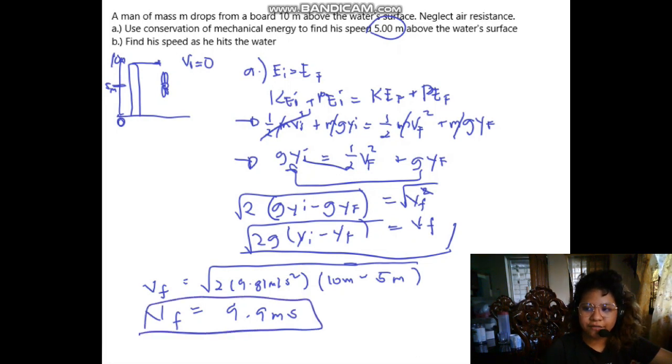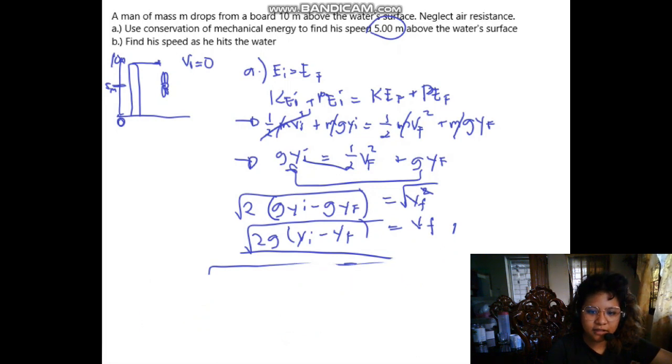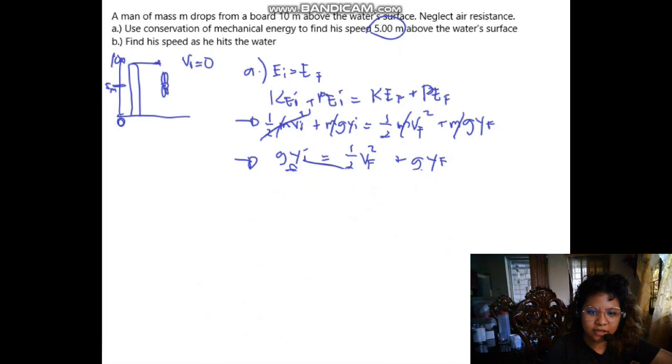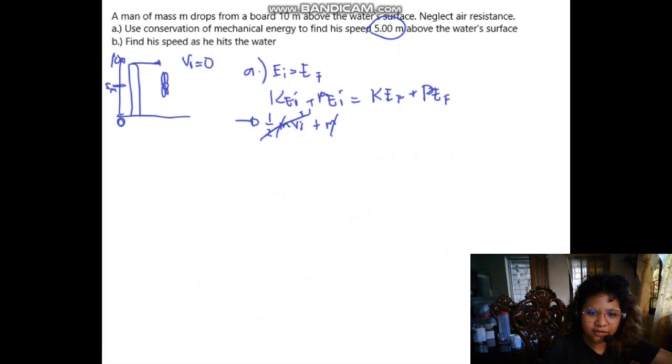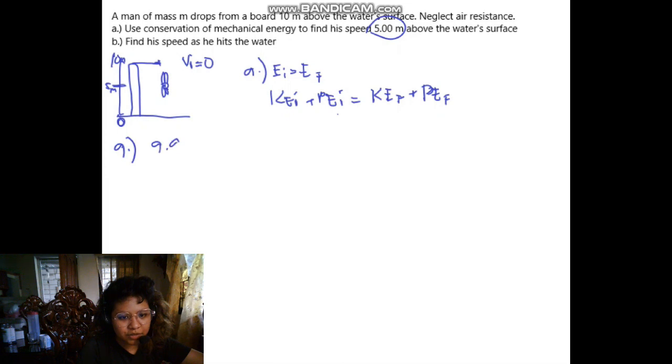And for letter B, find his speed as he hits the water. For that, let's go back to our formula. Let's write the final answer for A, which is 9.9 meters per second.